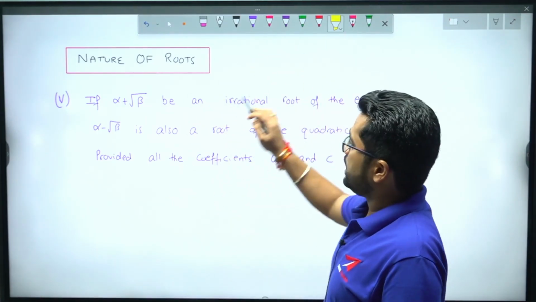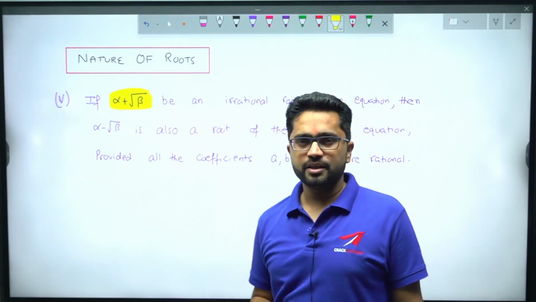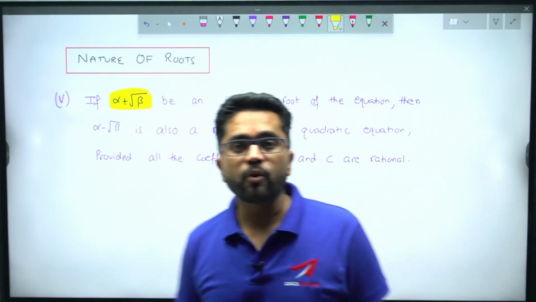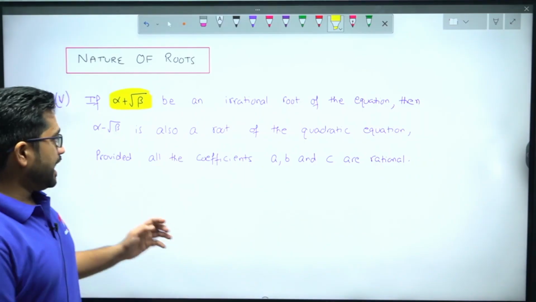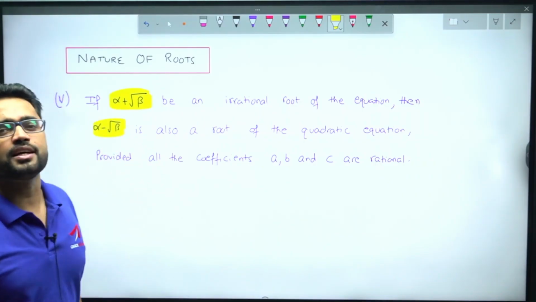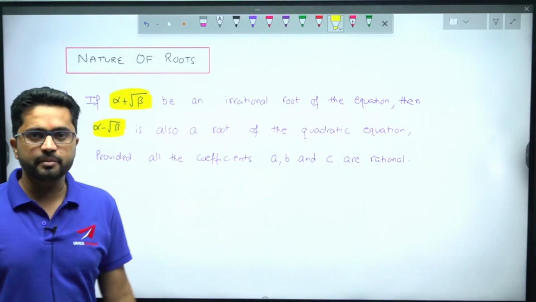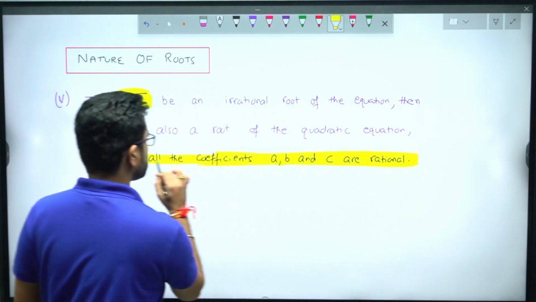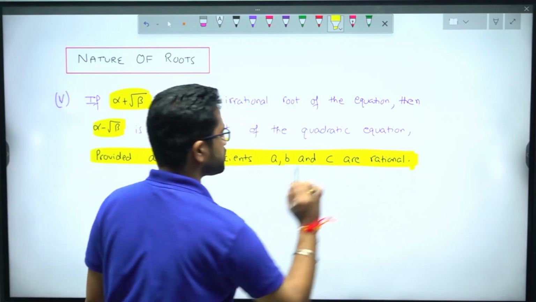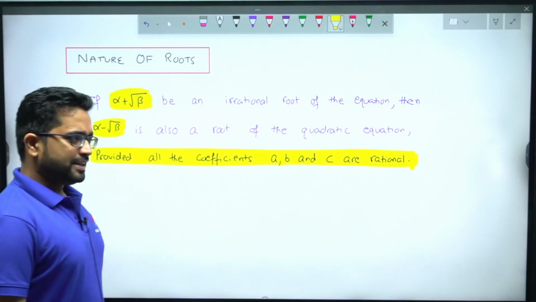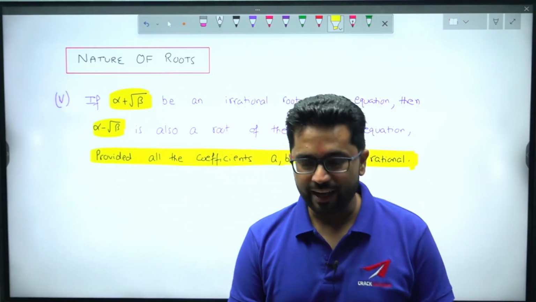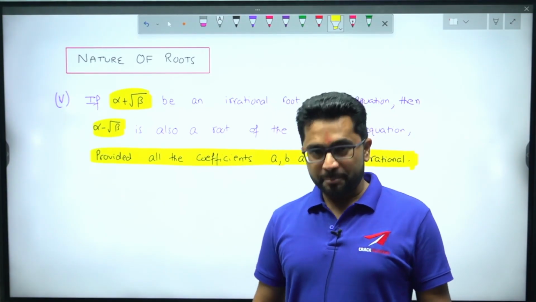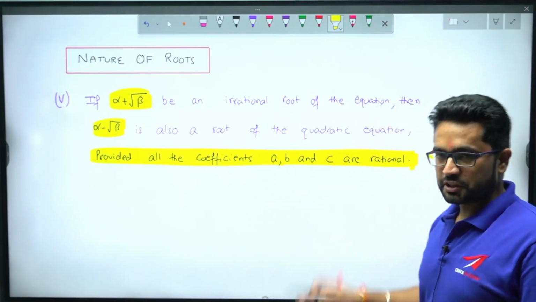It simply says, if alpha plus root beta is an irrational root of any particular quadratic equation, then alpha minus root beta would also be a root of the same equation, provided all the coefficients are rational.